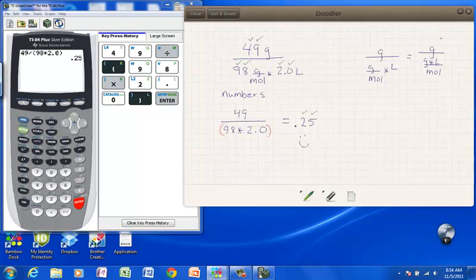So I don't recommend canceling when you have a complex fraction. You want to go through the point where you rewrite this first as a division problem. Because you have to remember where the large fraction divided by sign is. So it was G divided by G times L over mole.